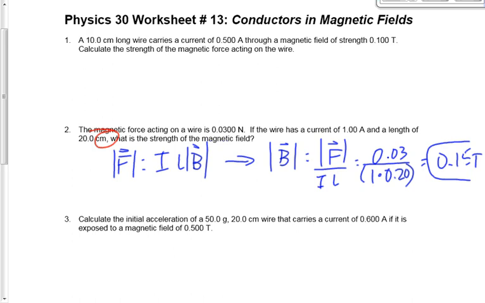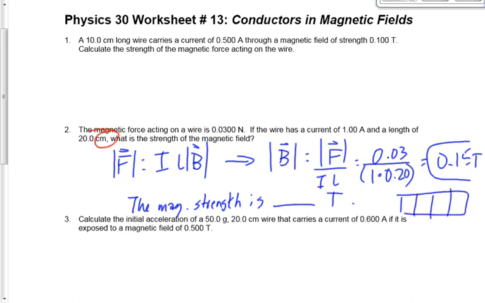Now, you might have meant numerical response. If you meant numerical response, it depends upon how they asked it to be expressed. Okay? If they just said the magnetic field strength is blank Tesla, then the answer you would fill in would be 0.15.